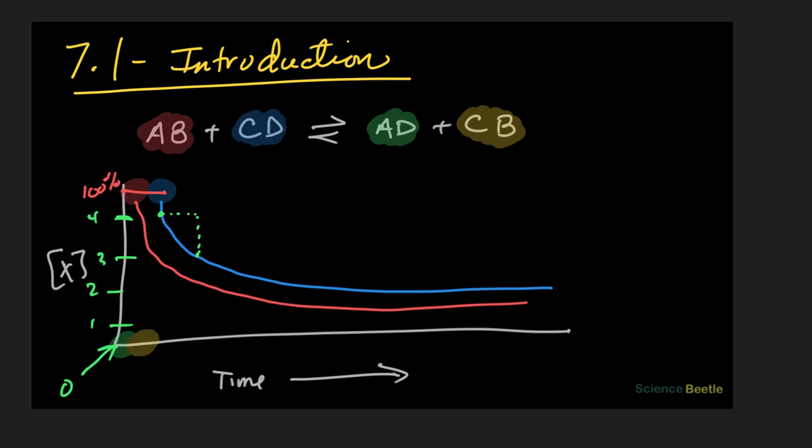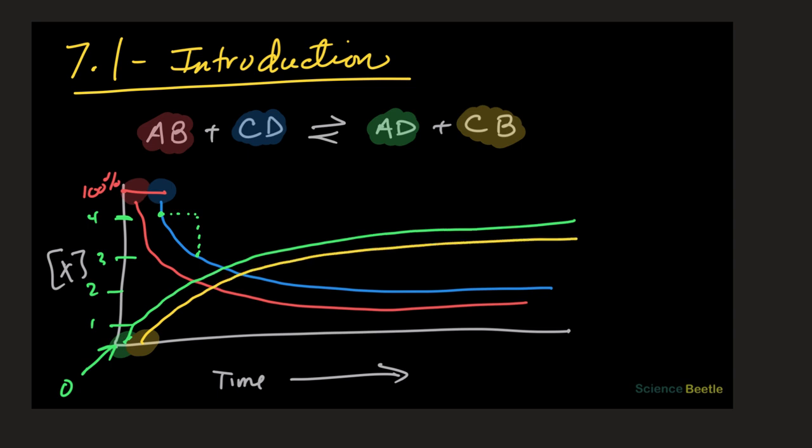Those do not exist at all at the beginning, but as the reaction continues, we're going to see an increase in the amount of product produced. In this particular case, we're going to see something like this, increasing over time, and it'll flatline itself. Same thing for the yellow one. These are not drawn to scale, but you get the general idea.